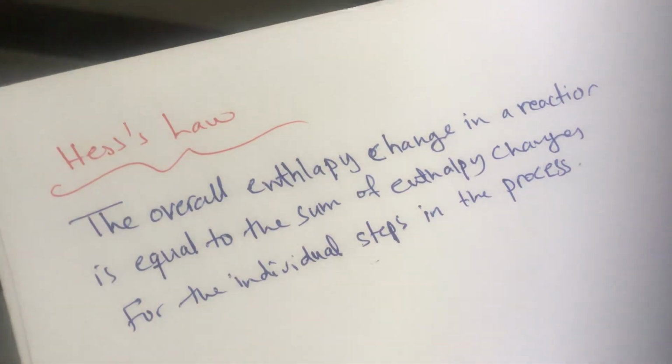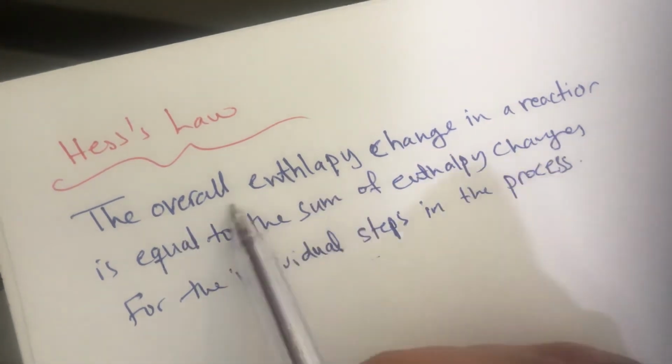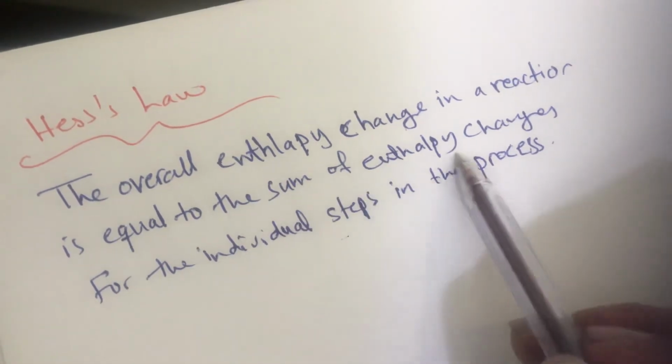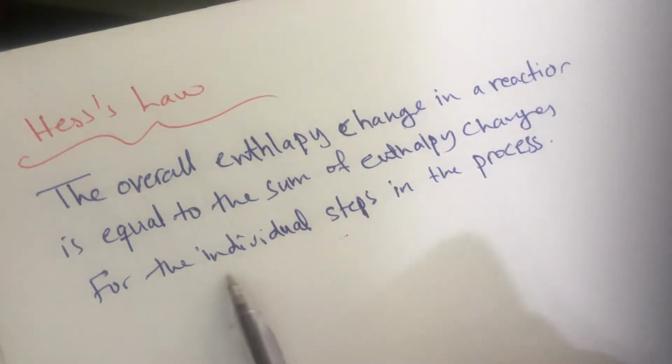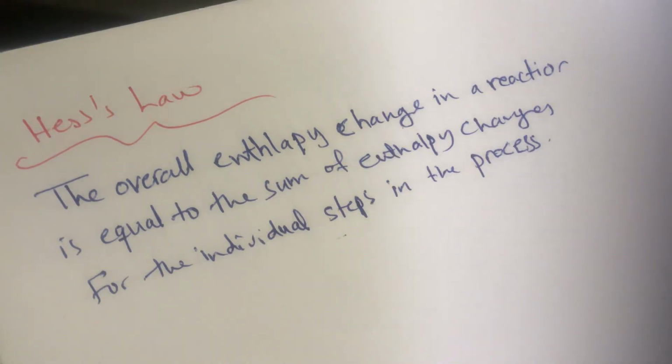Which means if you have a chemical reaction that happens in 2 steps, the overall energy of the reaction equals the sum of the energy changes for the individual steps. So the energy for the reaction equals the summation of energy for these two steps.